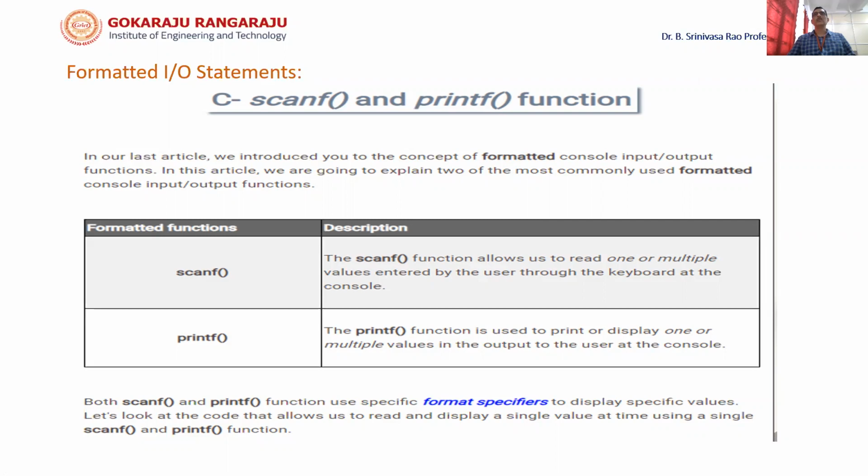But if you want to do the same operations from files, we require the second set of functions, that is fscanf and fprintf. The scope of the present video is only for the scanf and printf functions.